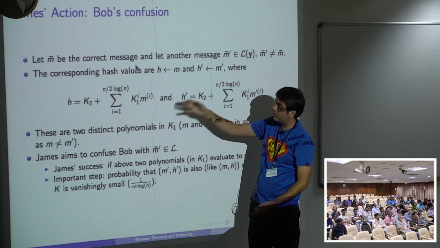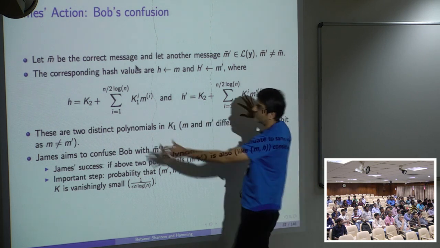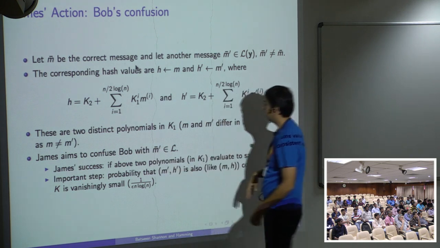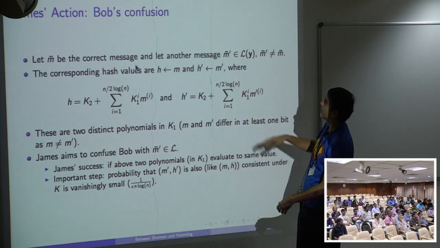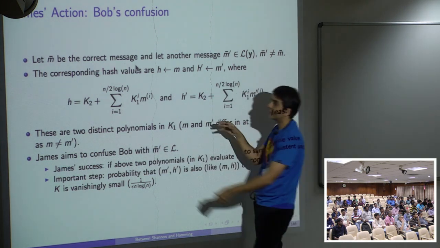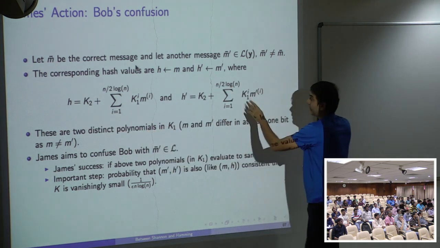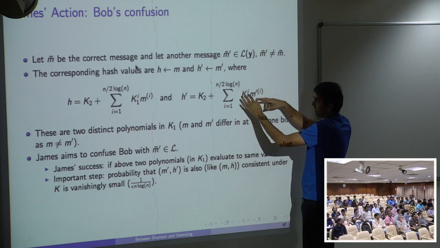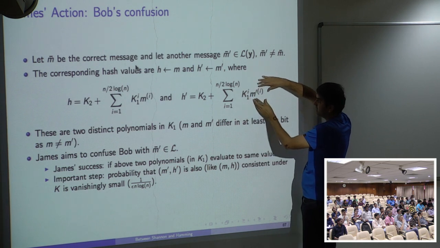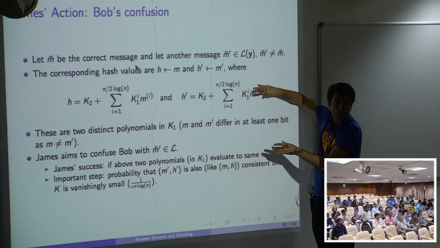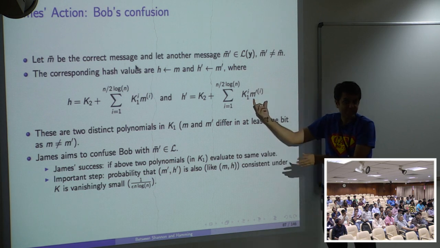So if these two both have to be true, then you can always subtract these two from each other, and you'll end up with, it's not on the slide, h minus h prime equal to, the K2s will cancel out, and the K1 i's times the m minus m primes, right? So you'll have a polynomial in K1 times the m minus m primes.